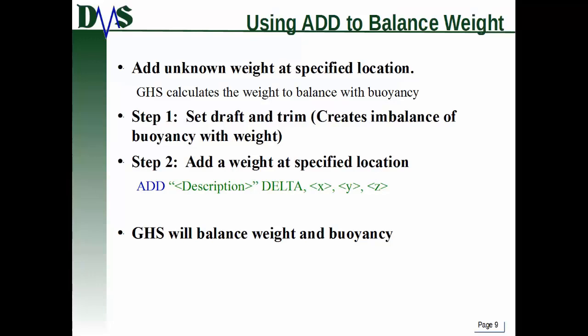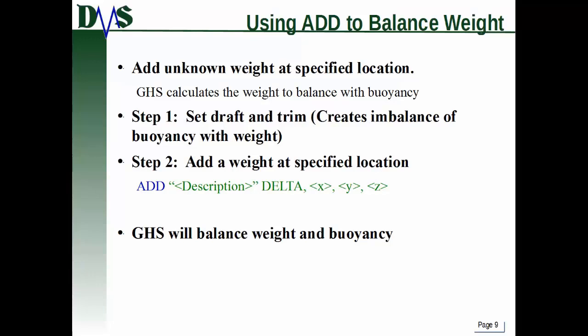That works really well. So what you can do is you can first set the draft and trim for your ship. That's using the draft command. And GHS does not automatically re-equalize your ship. GHS leaves it sitting there, and it recognizes that there's currently an imbalance between buoyancy and weight.